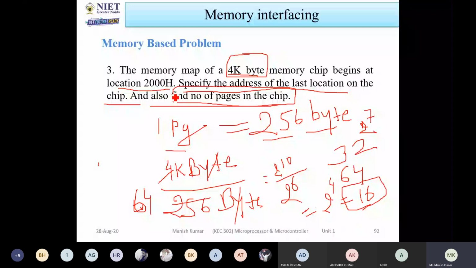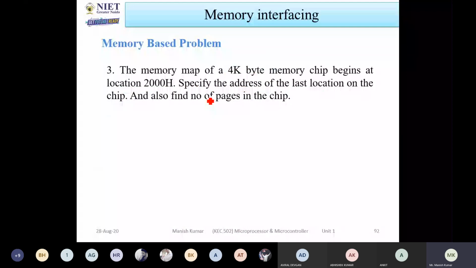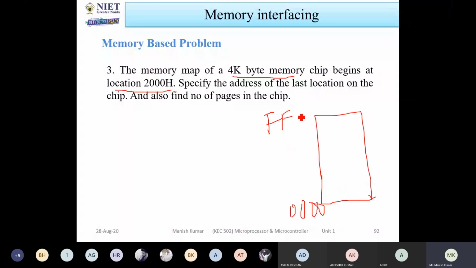Now the next question is, in this question only, what is the question you have to understand? A 4 kilobyte memory is there, but its starting location is 200H. When I am talking about memory, always I told you to start from 000 and the maximum it will go is FFF. Correct?